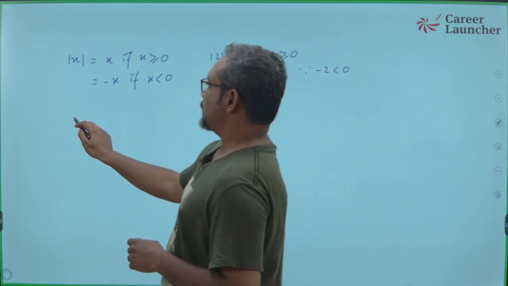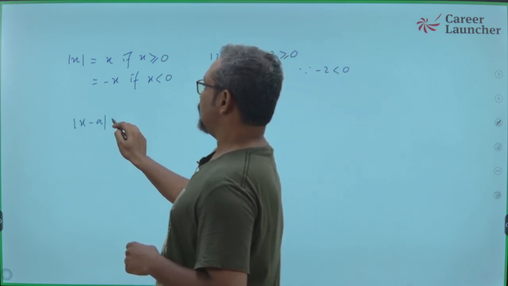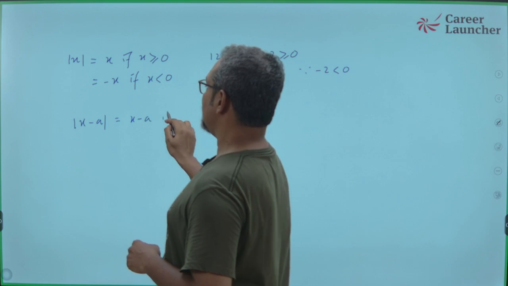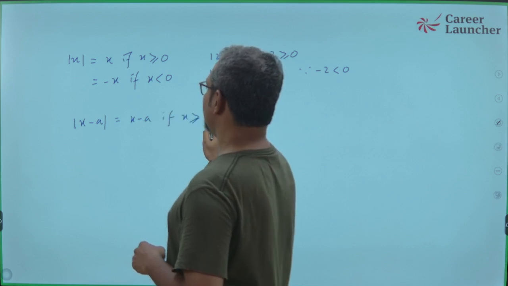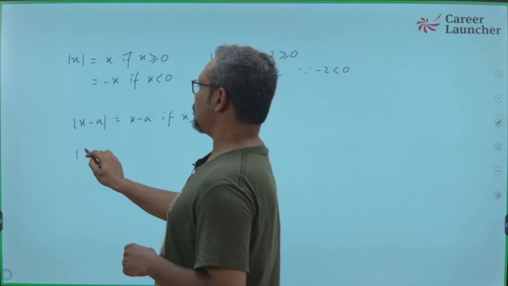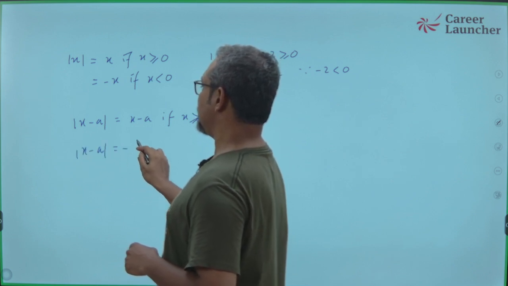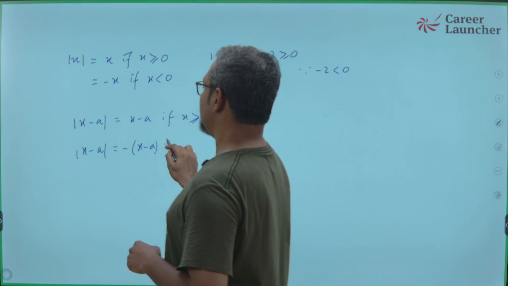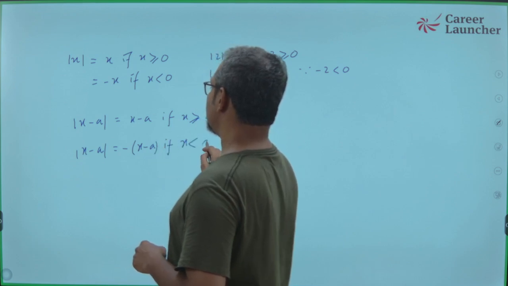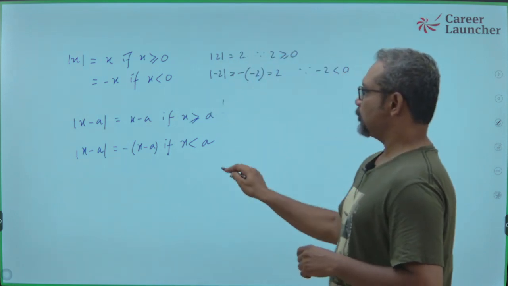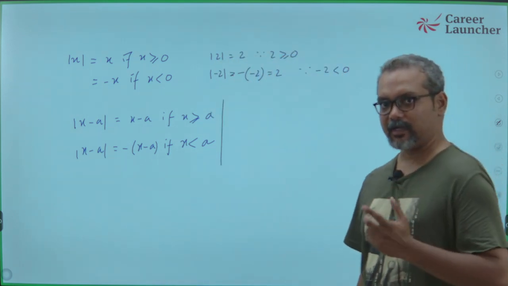So generalizing it, mod of x minus a would be x minus a if x is greater than or equal to a, and mod of x minus a will be negative of x minus a if x is less than a. So whenever we are solving questions, this is how we are going to solve.